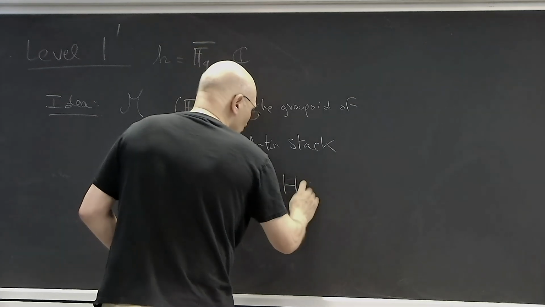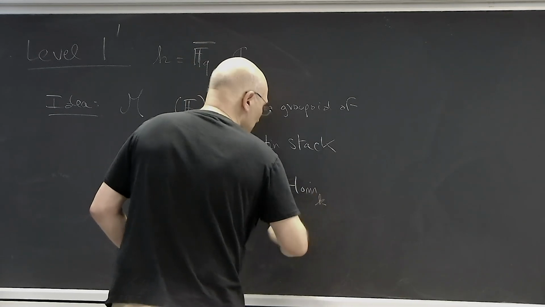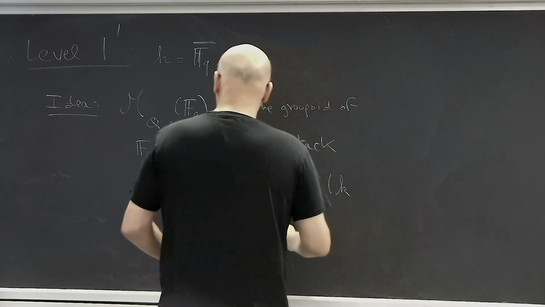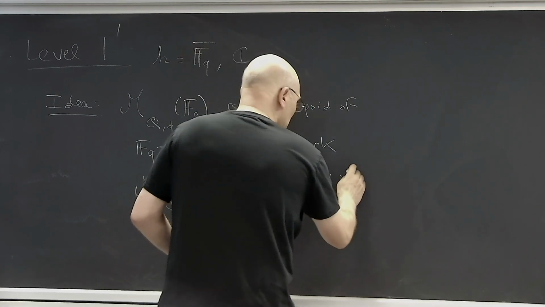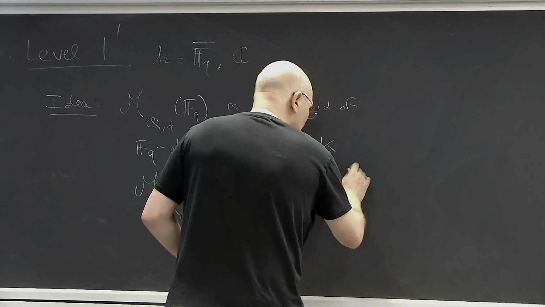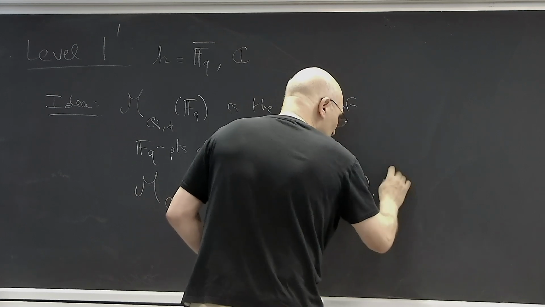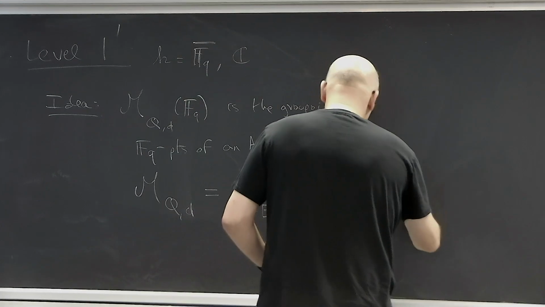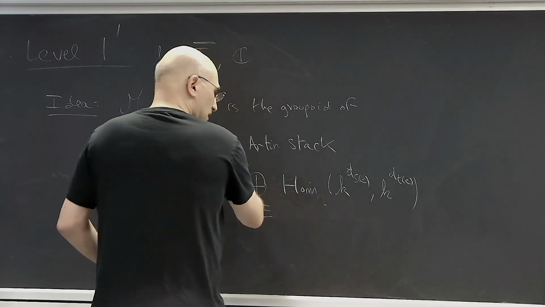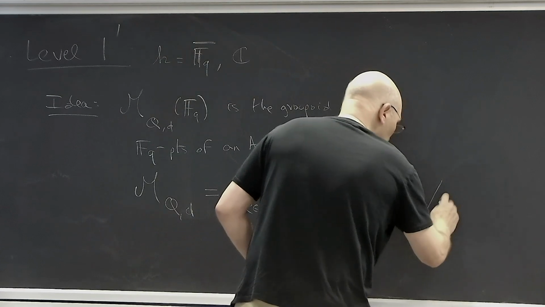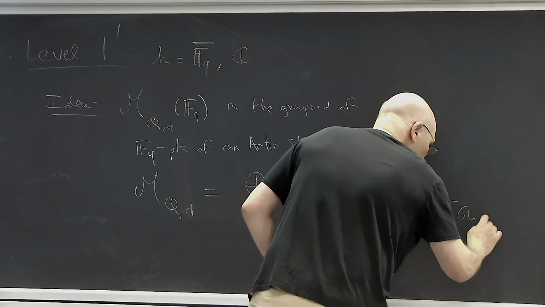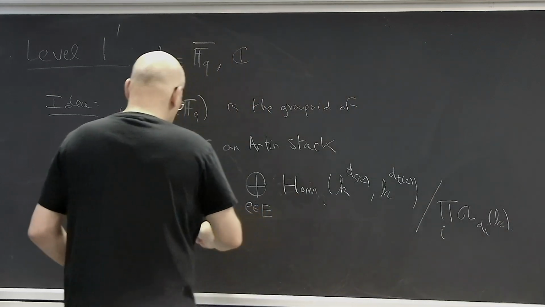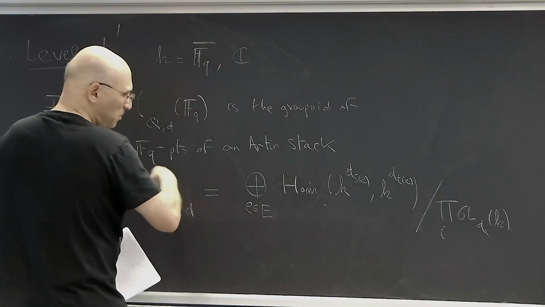And then I have, well, let's write like this: hom of K to the D starting of E, K to the D end of E. Yep, and then I quotient by the product over all I of GL_DI of K. Here maybe I'm just writing the set of points, GLD.